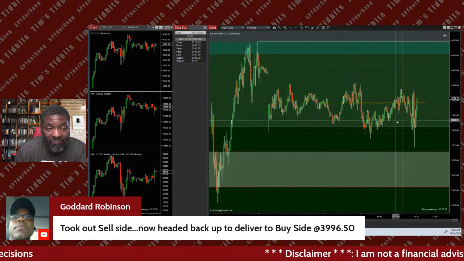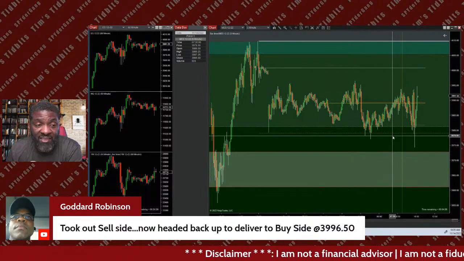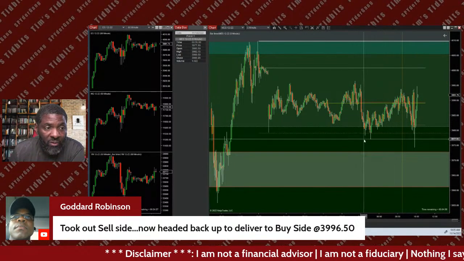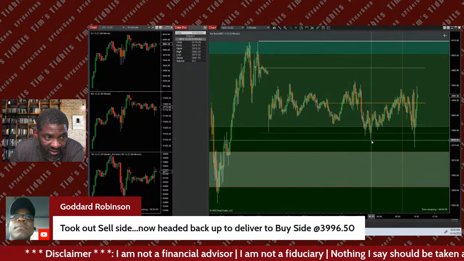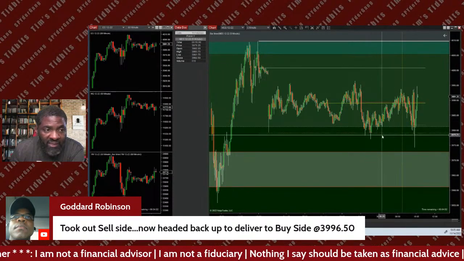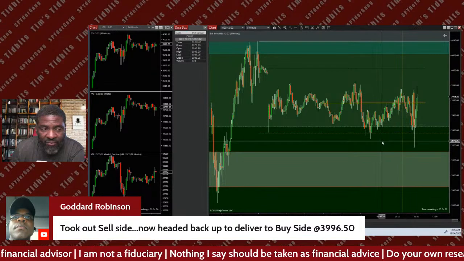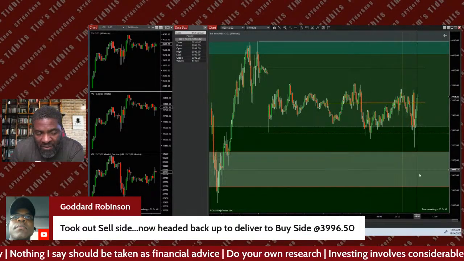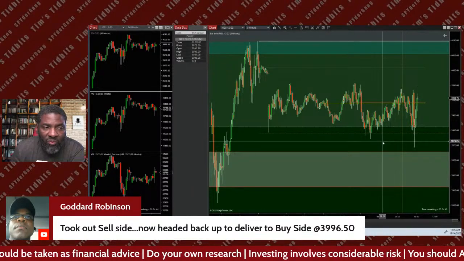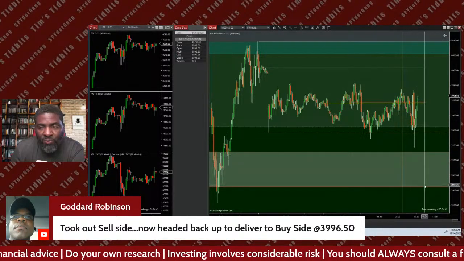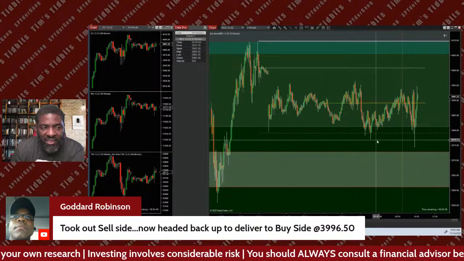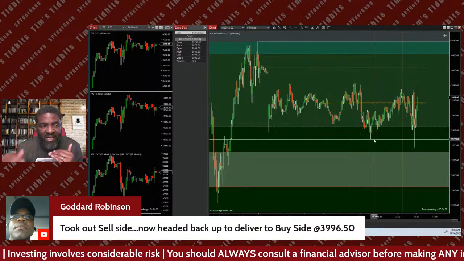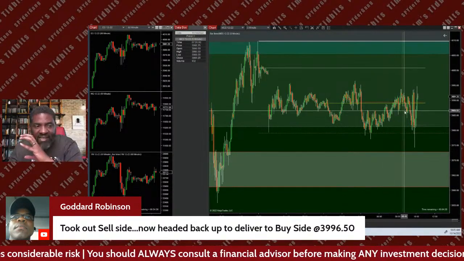For the way ICT teach, this low is in a slight discount, right? So selling off of this low isn't the most probable thing to do because this low sits in the discount and we've been consolidating in this range.